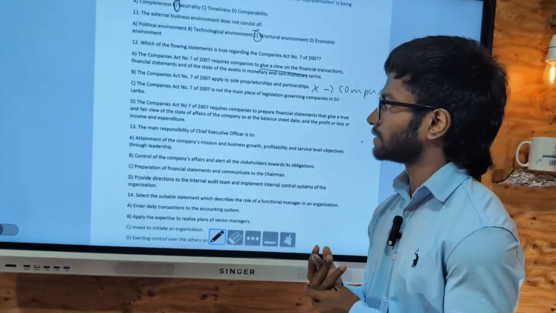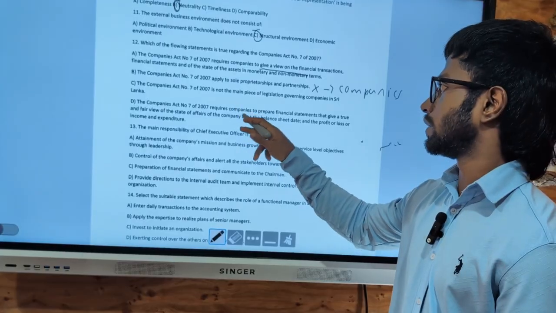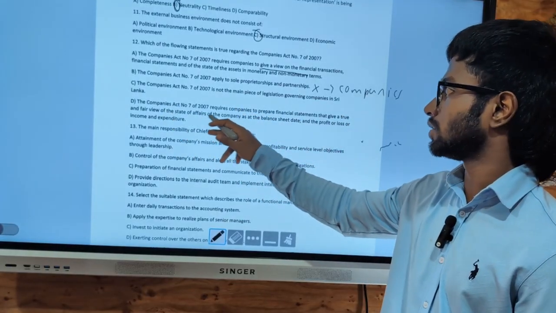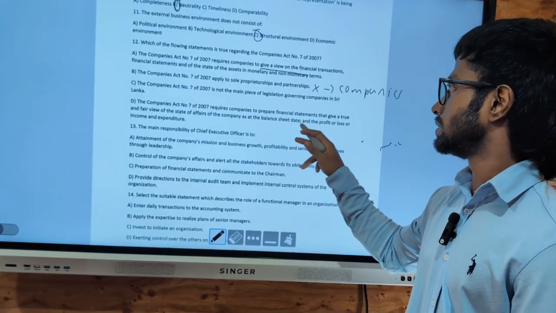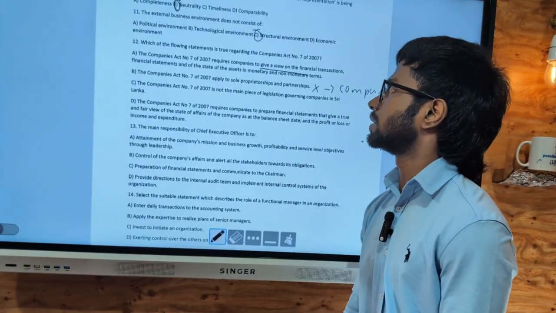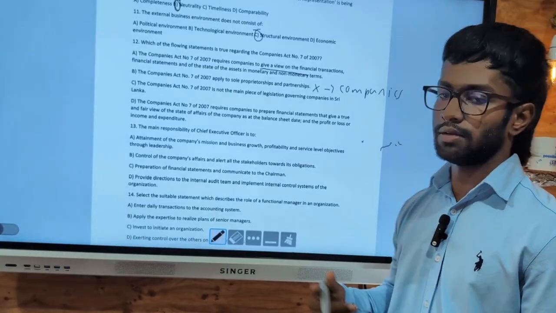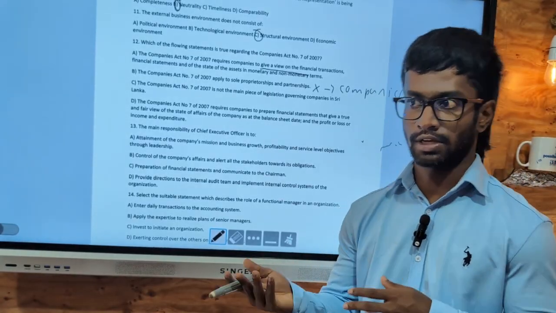The Companies Act number 7 of 2007 requires companies to prepare financial statements that give a true and fair view of the state of affairs of the company as at the balance sheet date and the profit or loss of the income. So here that should be the most correct answer. Now, sometimes keep in mind you might have a somewhat similar answer.